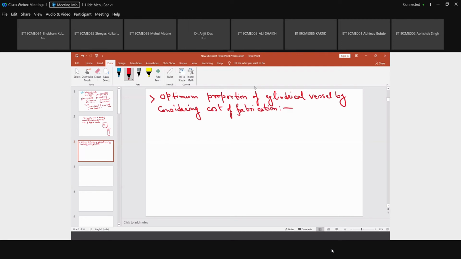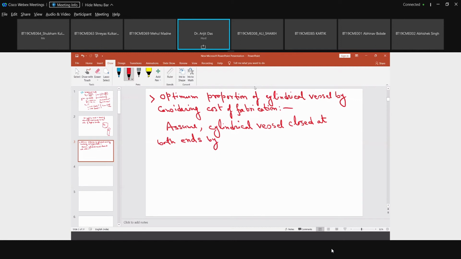So for that we have some basic assumptions. Let us assume cylindrical vessel closed at both ends.